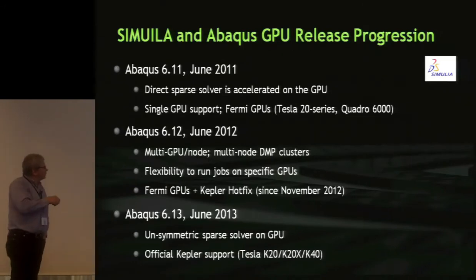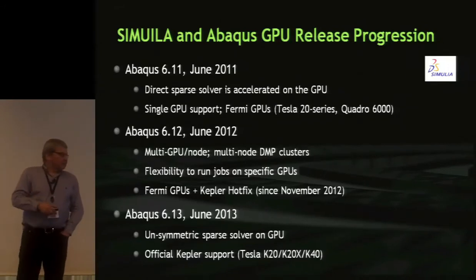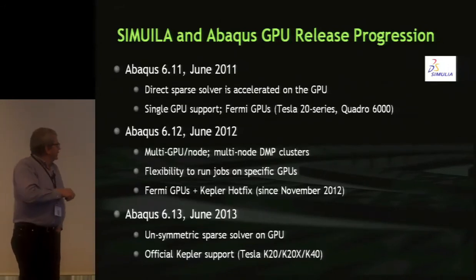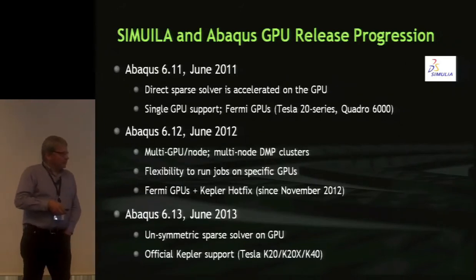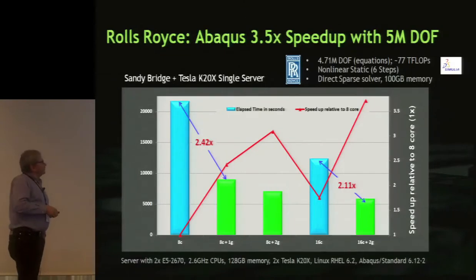In 6.11 and 6.12, only the symmetric sparse solver was supported, and in Abaqus 6.13, both unsymmetric and symmetric sparse solvers are supported. So officially supported also are the new Kepler GPUs, K20, K20X, K40.